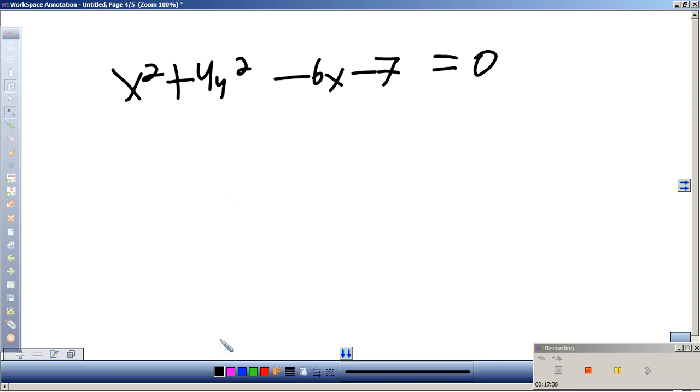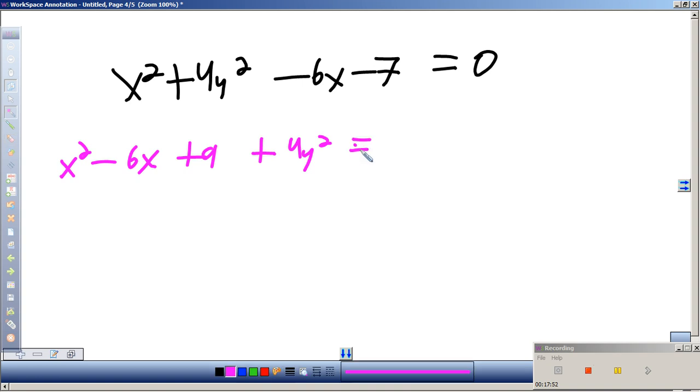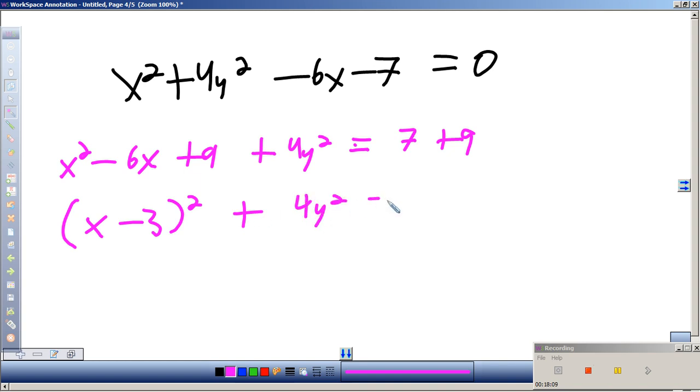So, let's do complete the square again with the x. So x squared minus 6x, what do we need? Plus 9. Plus 4y squared equals 7 plus 9. So what is this going to factor as? Okay, 7 plus 9 is 16.